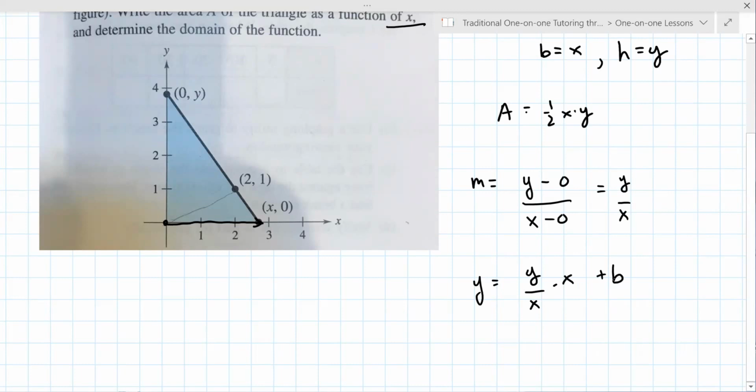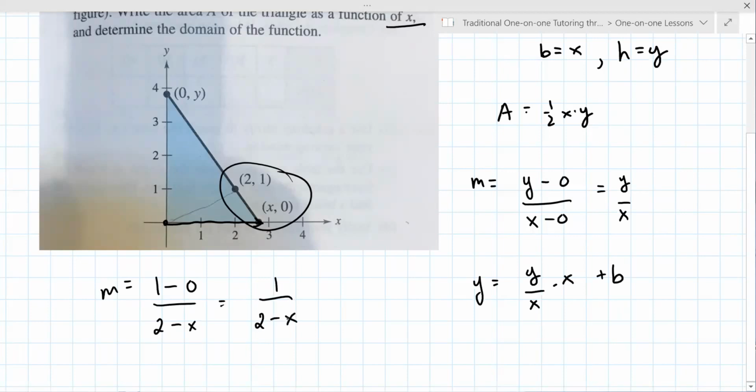So maybe we shouldn't use those 2 points. Maybe we'll use these 2 points over here instead, and we get the slope as m equals 1 minus 0 over 2 minus x. 1 over 2 minus x is the slope.